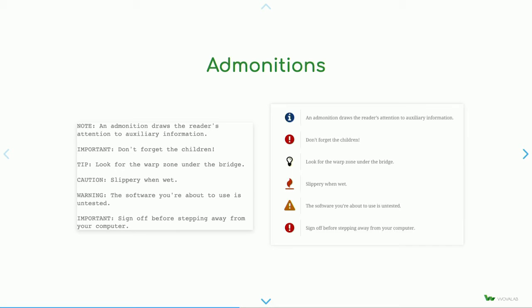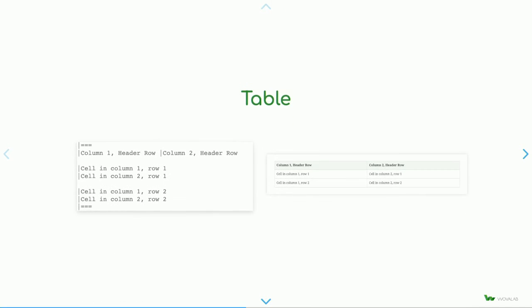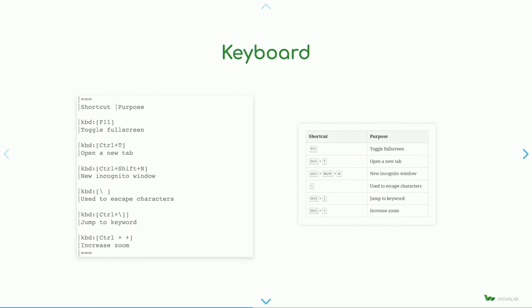So if you have a 50-page document, it's easy to have the same way to display the statements you want to draw attention to. You can create tables. Here it's a really simple table. You can get really advanced tables.